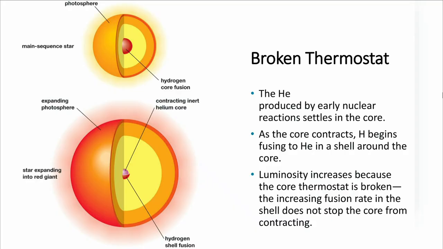So you're not fusing hydrogen in the core anymore because the core is now made out of helium. Helium fusion requires a much higher temperature than hydrogen fusion, and so now we have no fusion reactions happening in our core. Our core is helium and it's not doing fusion, so it starts to contract and heat up.